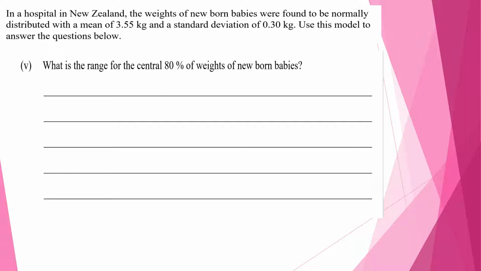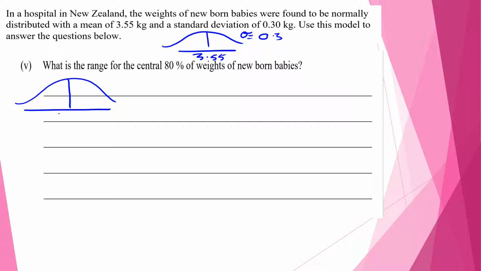This question is still looking at the same situation with our mean and our standard deviation. This question is looking at what is the range for the central 80%. So central 80%, if I just set that situation up, is right in the middle with 3.55.